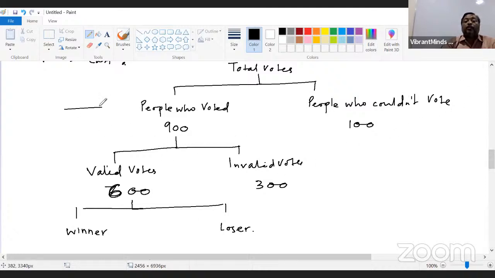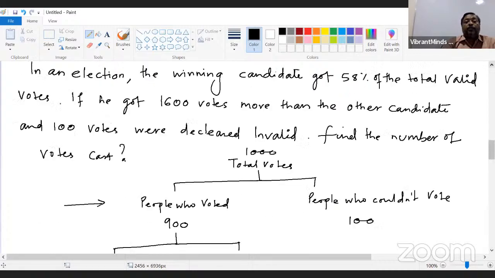This is your step 1, step 2, step 3. It may happen that total votes come over here, all the people have voted and there are 0 people who could not. So this can happen. Now let's see the question. The question says, just give me a minute.